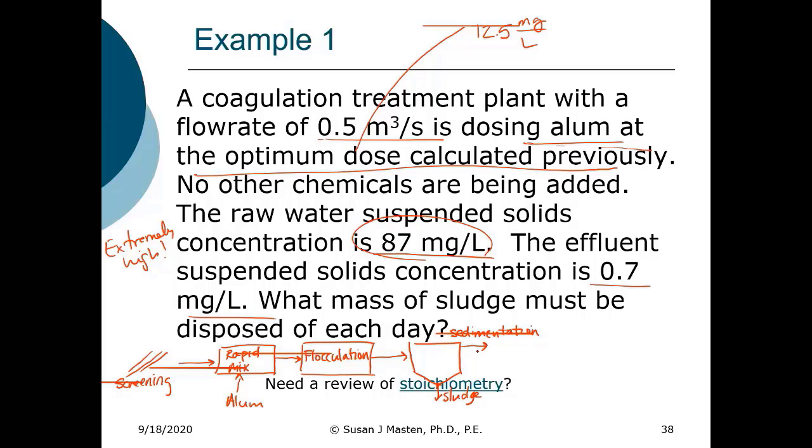And we have the clarified effluent. And typically that will go then onto filtration. And here, disinfection, storage, and pumping. So just to give you a sense of how this all fits together.